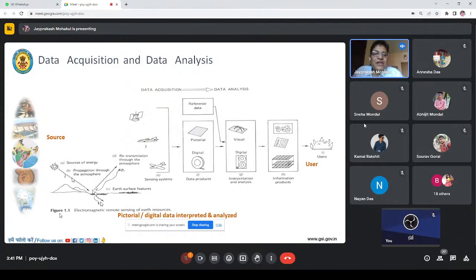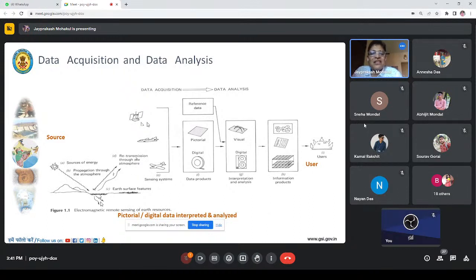The amount of energy which comes from here and gets registered here is a combination of the energy going from here as well as several other energies from the atmosphere which reach the sensor. It is known as atmospheric scattering and other things, right?